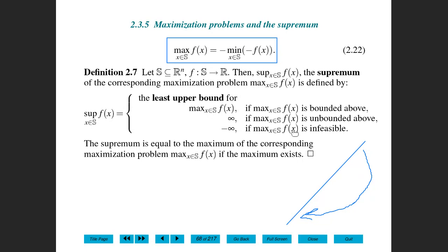Even if the problem is infeasible, there is a problem in the constraint, like we have seen with inconsistent constraints, the supremum will be minus infinity, right? So yes, it obviously covers more types of functions and more situations, in supremum and the infimum as well.